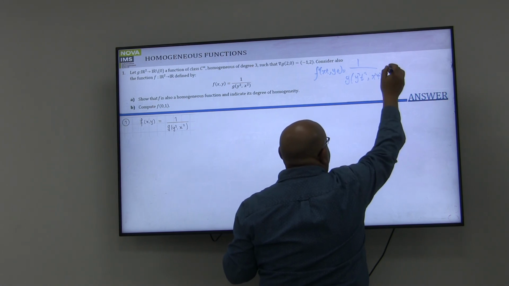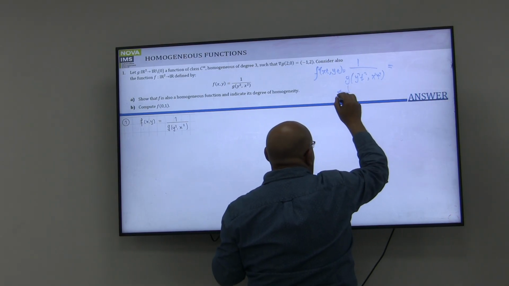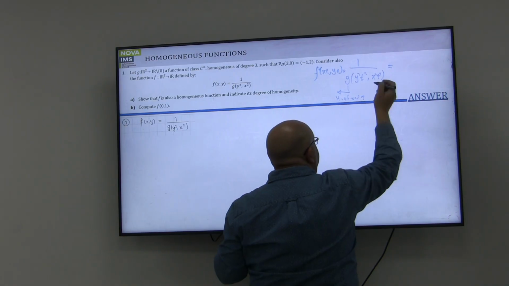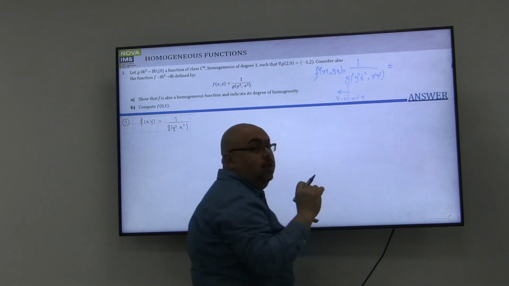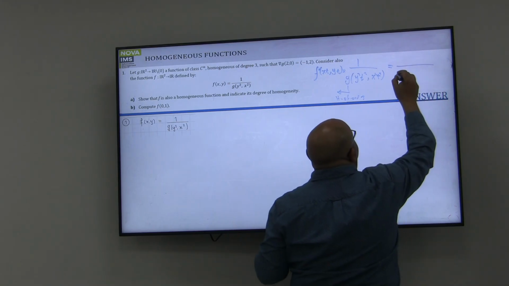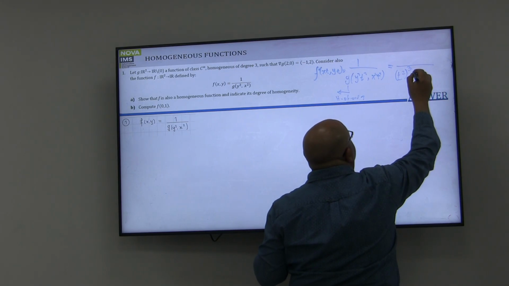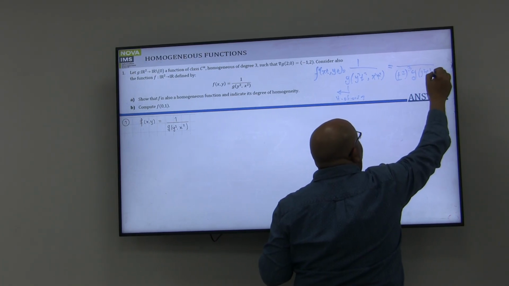Okay, but there is another issue: g is homogeneous of order 3, which means any common factor in the argument of g can go out, and it will go out with a power of 3. So simply, this is going to be t to the power of 2, all of them to the power 3, times g of y squared and x squared.